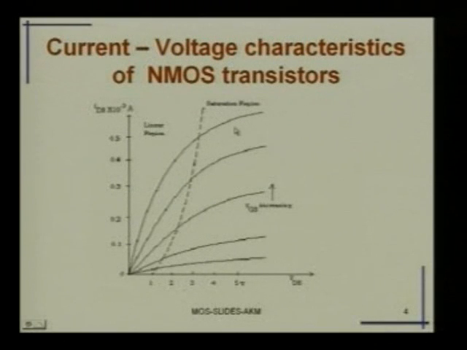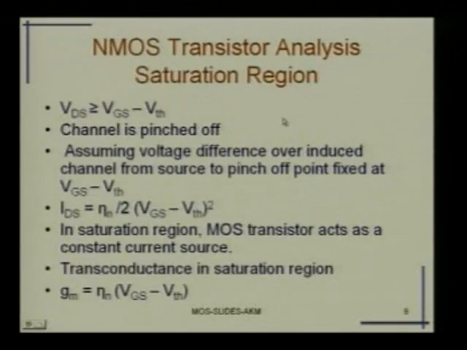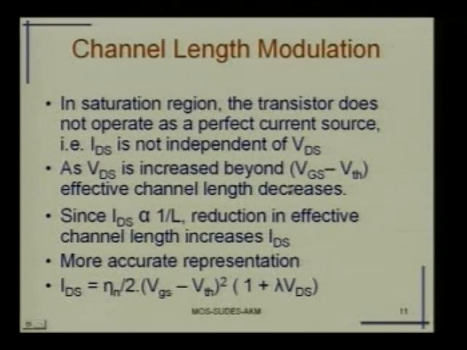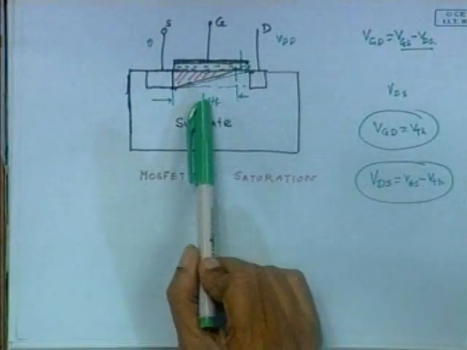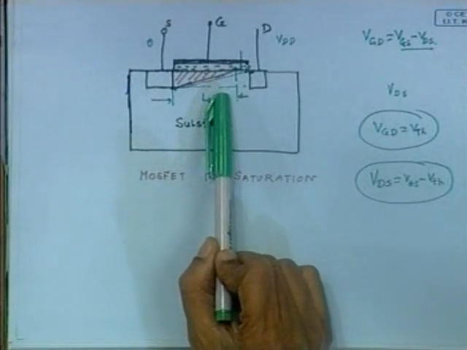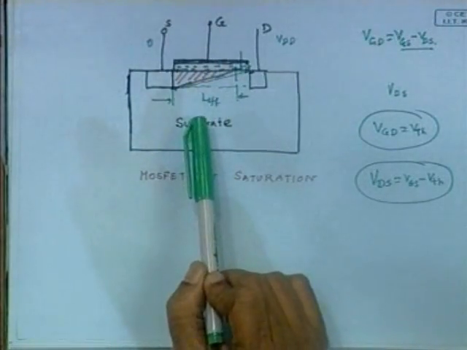So, there is some increase in this region. The reason for this lies in these observations. We have already seen, as you increase the drain to source voltage, there is a reduction in the channel length. So, L effective goes on slowly shrinking.